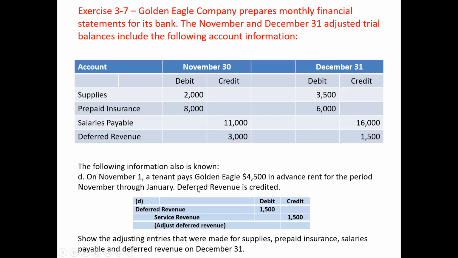And at that time, deferred revenue was credited. So if you think about it, on November 1st, the company would have debited cash, credited deferred revenue for $4,500.